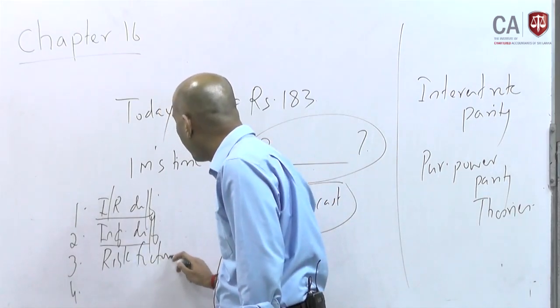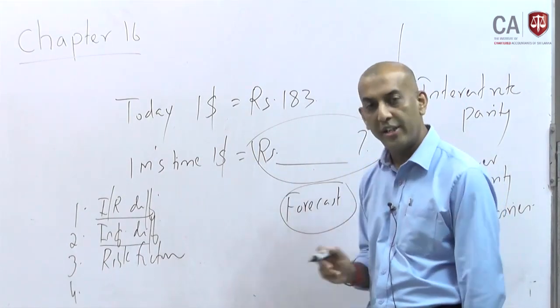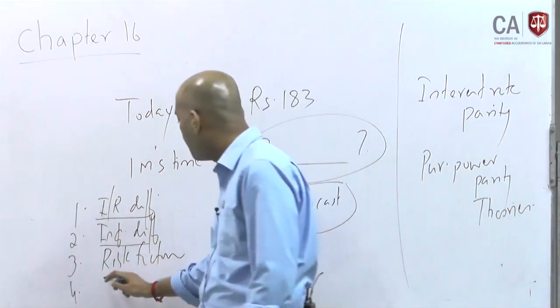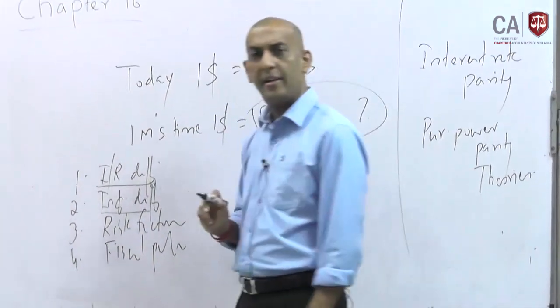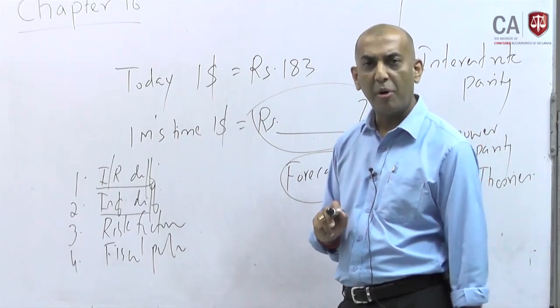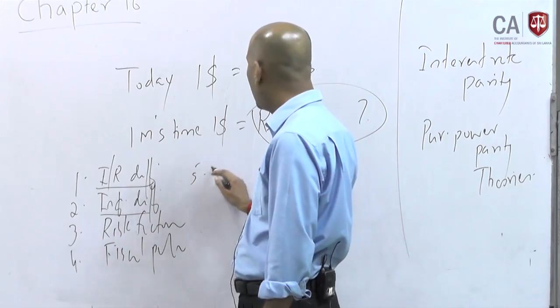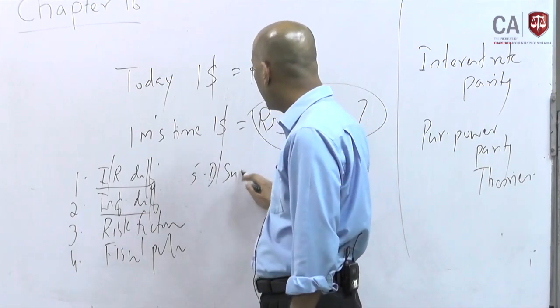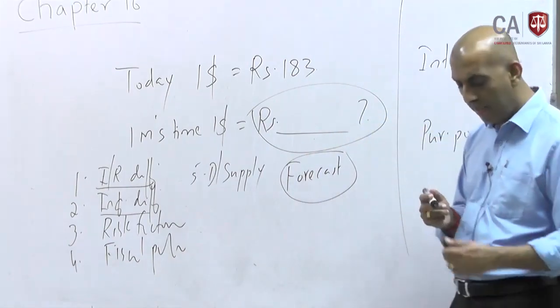Two countries' risk factors are different. Sri Lanka risk factor is different to US risk factors. And it may be your fiscal policies of the countries. Taxation rules, fiscal policies can be different from one country to the other. Fifth, demand and supply. Between the currencies, demand and supply.